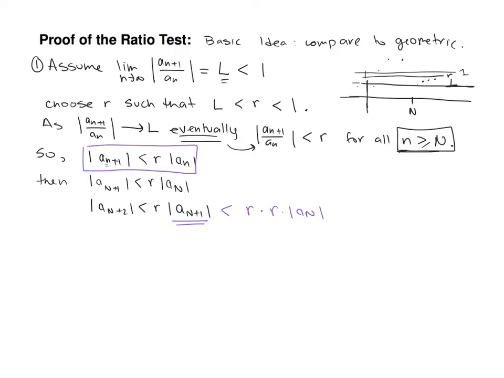So right here, I have a sub capital N plus 1 is less than r times the absolute value of a sub N. So this r times the absolute value of a sub N is bigger than the absolute value of a sub N plus 1. So if I replace this a sub N plus 1 with r and a sub N, my thing got bigger, right? And that's the same thing as r squared times the absolute value of a sub N.